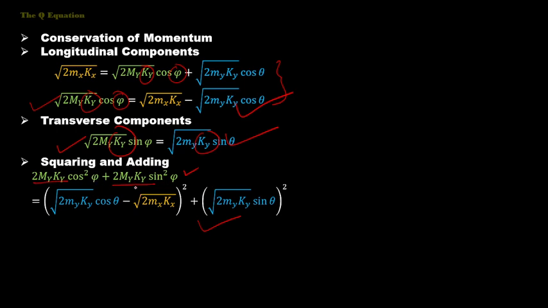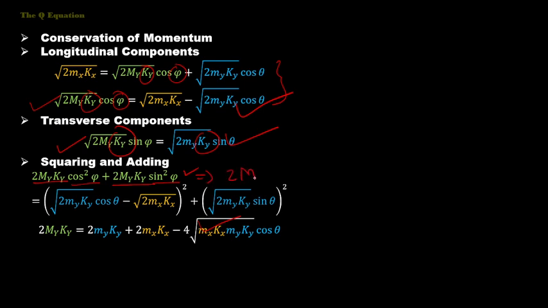So that constant factor is taken outside and we get cos square phi and sin square phi inside the bracket, and that is simply equal to 1. So in this way we have eliminated the angle phi associated with the daughter nucleus. It is simple to see. And this is equal to 1 and thus phi gets eliminated.